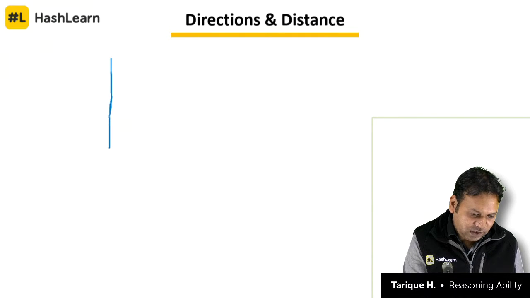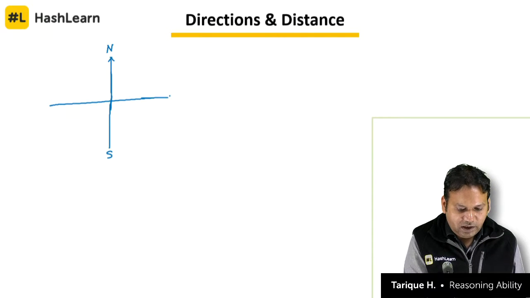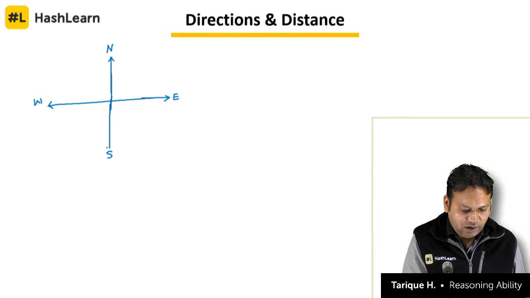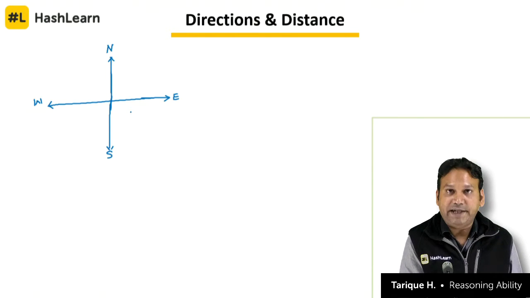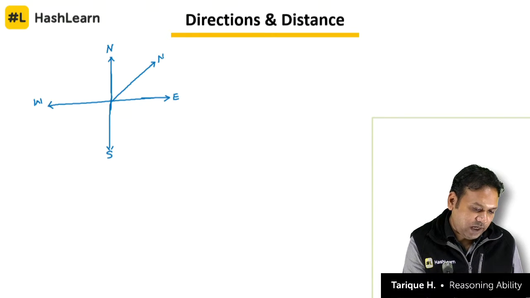If you take the 4 directions, north and south, and we have east and west. North, south, east, west are the 4 cardinal directions, and the angle, although it is not a perfect straight line, is 90 degrees. Now between north and east we have what is called northeast, NE.